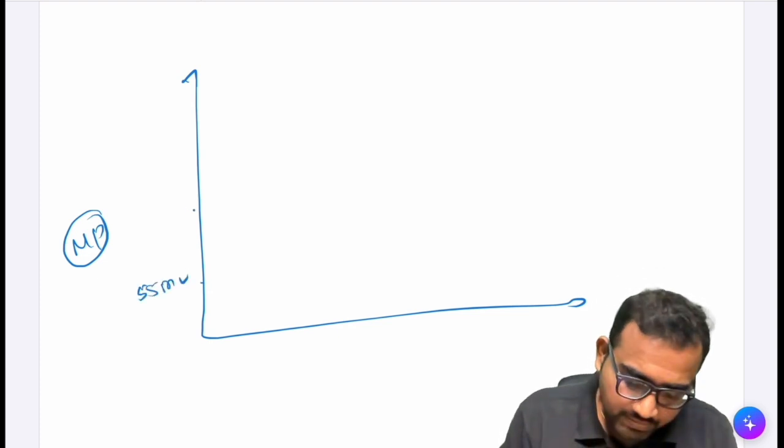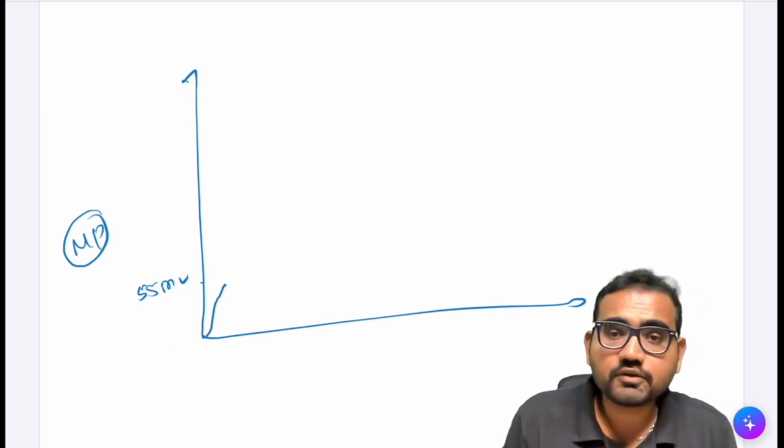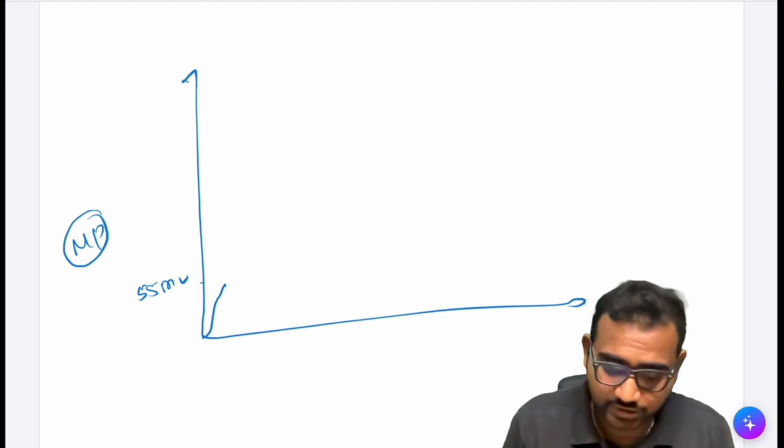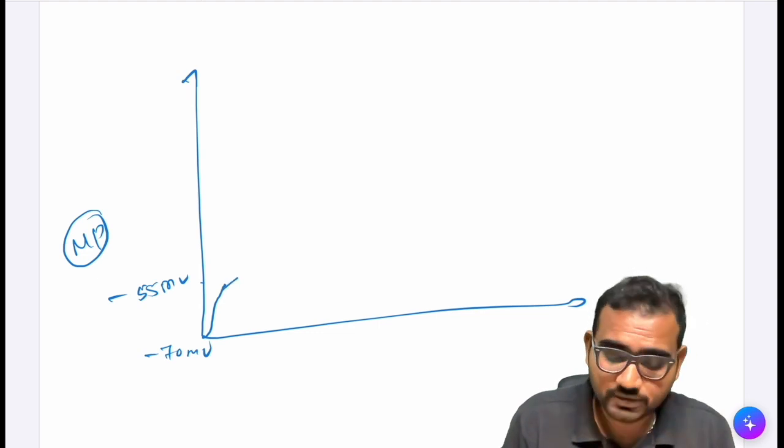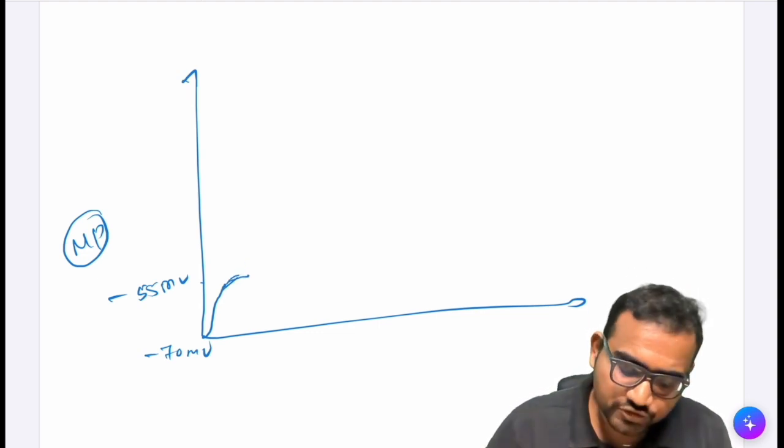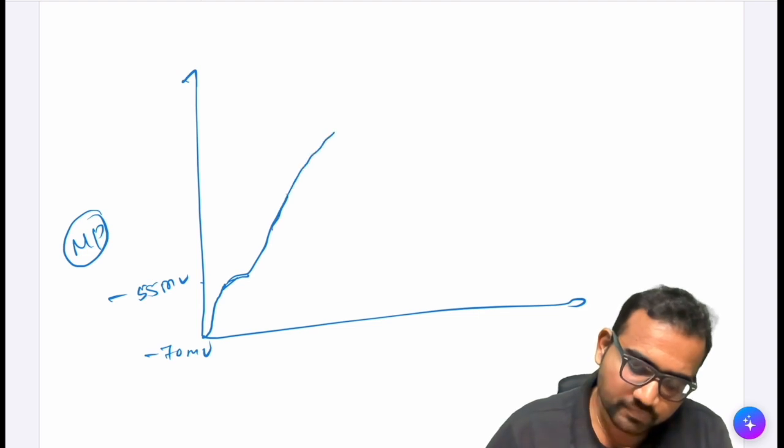Once the nerve membrane potential, say minus 70 mV, reaches the threshold potential of minus 55 mV, there is a sudden shoot in the nerve fibers.